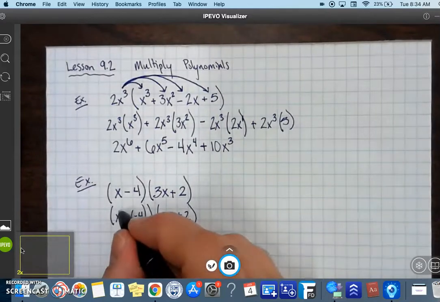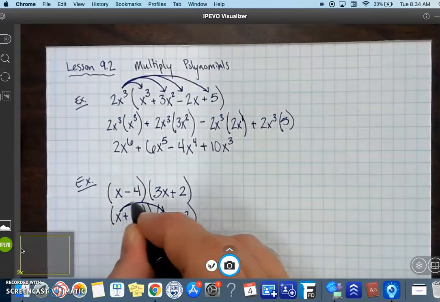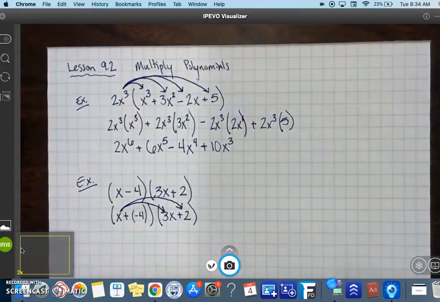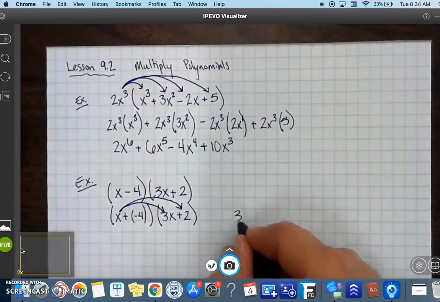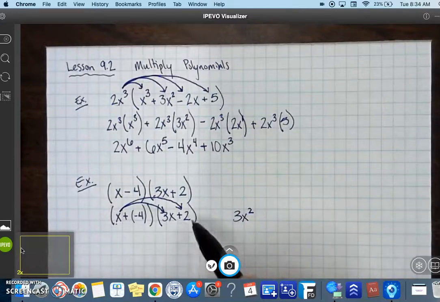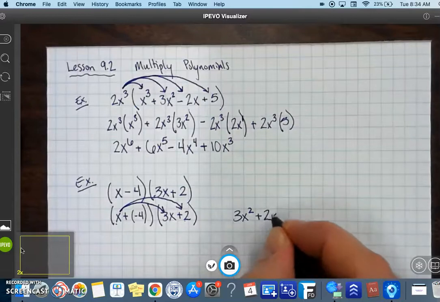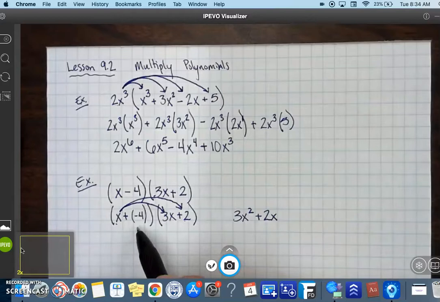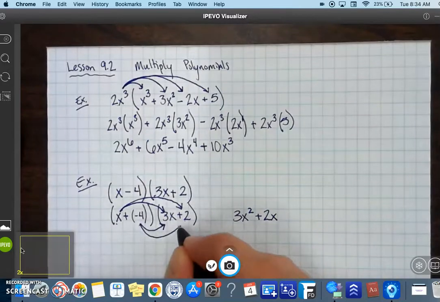We have to take the first term in the first binomial and multiply it to both things in the second binomial. So I have x times 3x, so that's 3x squared. Then I have x times positive 2, that's plus 2x.